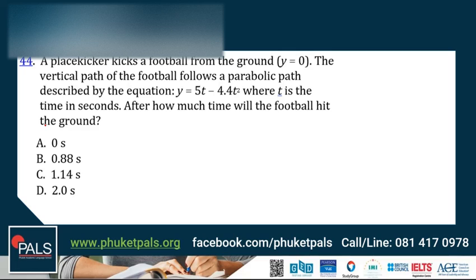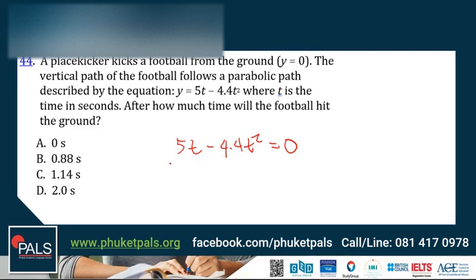So y is the height, t is the time. But since the football has hit the ground, y is 0. So we've got 5t minus 4.4t squared equals 0. Then find t using factoring.